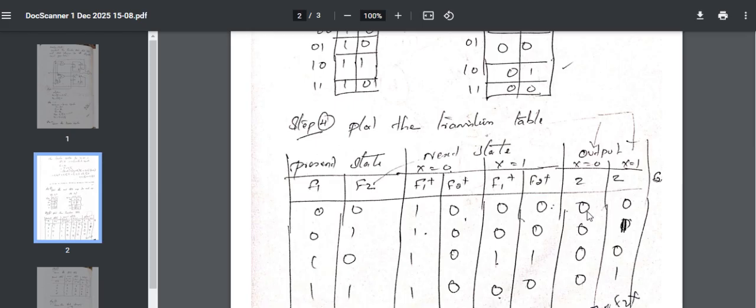So Z equal to F2 x. For x equal to 0, the F2 value is taken from here, present state F2 multiplied by x equal to 0. So whatever is there in F2 multiplied by x equal to 0, you get all output as 0.